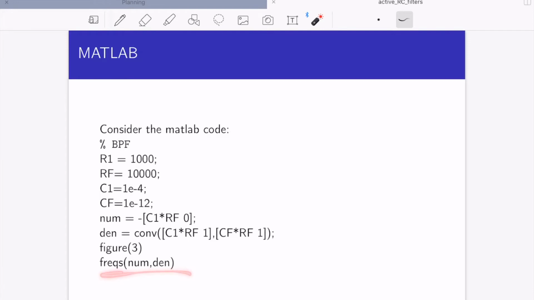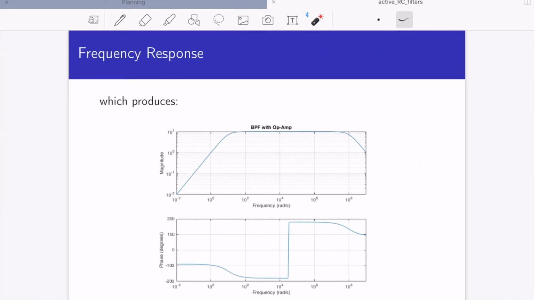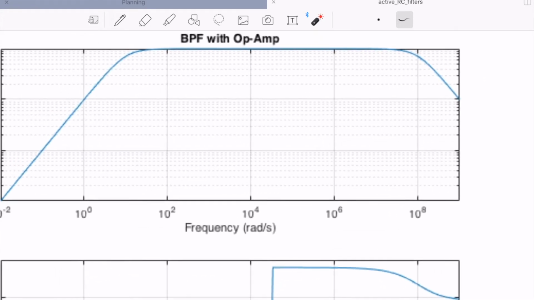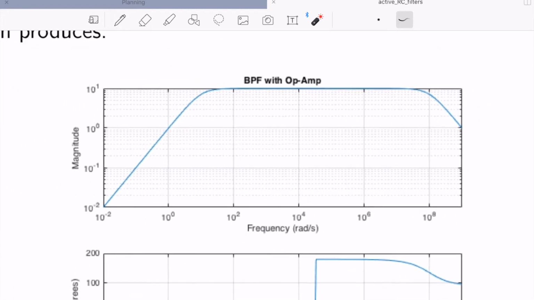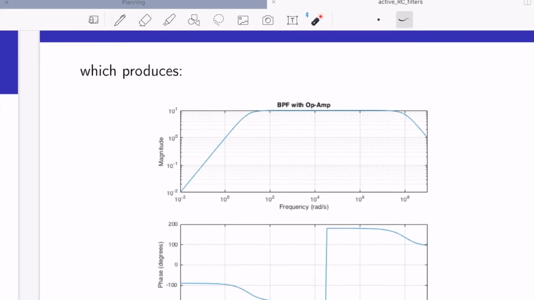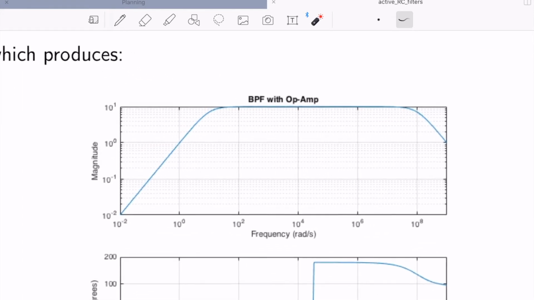Then you can plot using freqs, and we end up with a bandpass filter. To figure out if it's a bandpass filter, we don't worry about the phase response, only the magnitude response.